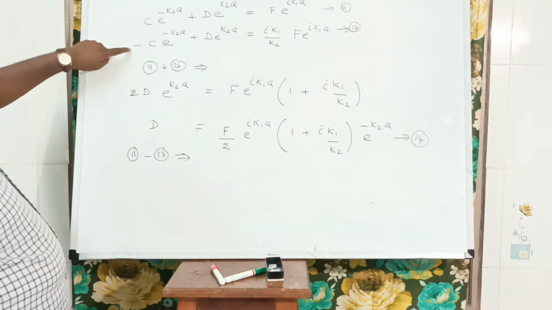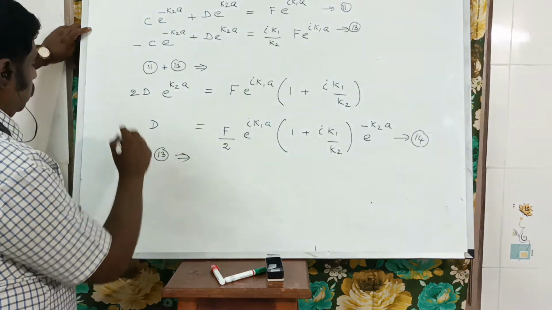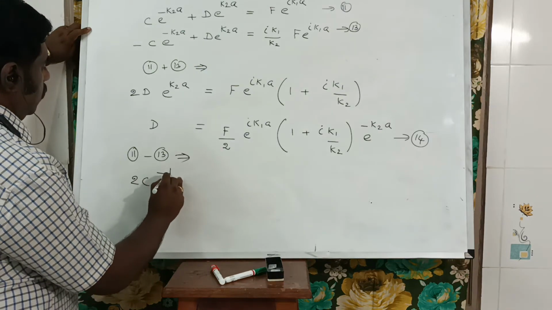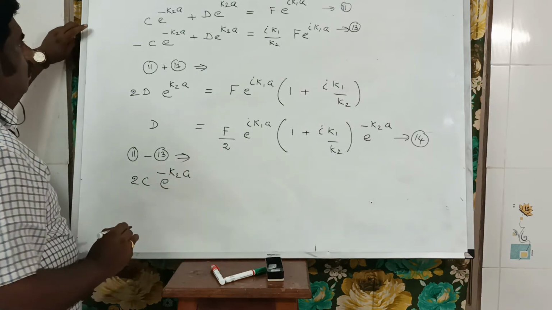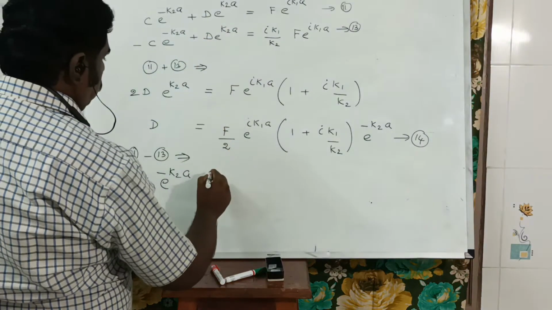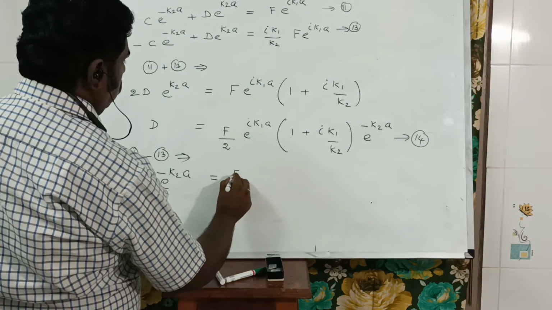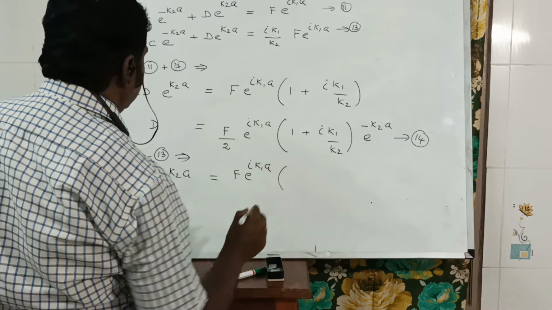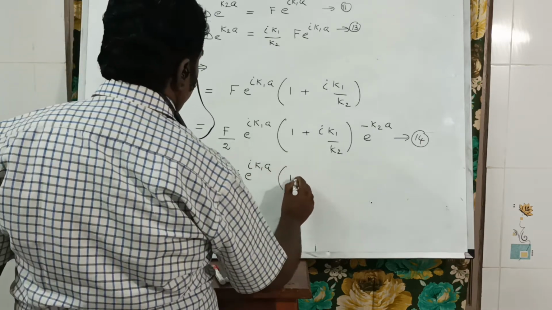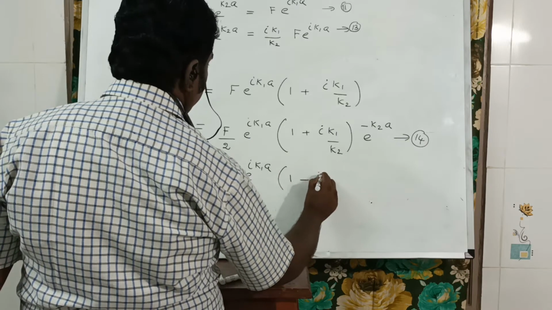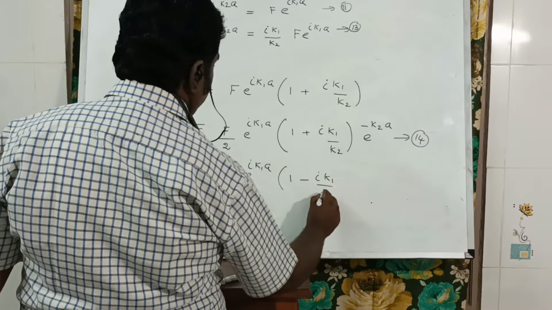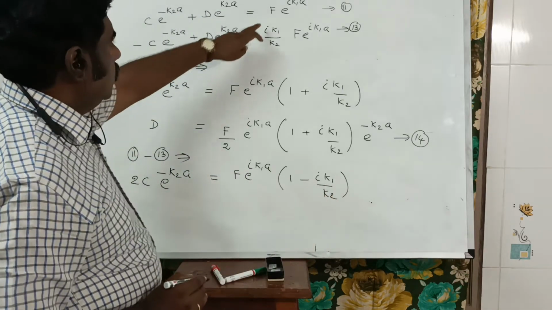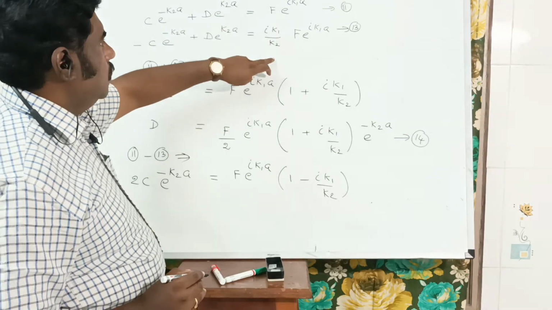C minus of C, that is minus to minus, plus 2C e power minus k2a; the D terms are cancelled out. This is equal to F into e power i k1a into 1 minus i k1 by k2. See this, I have subtracted on the right-hand side also.